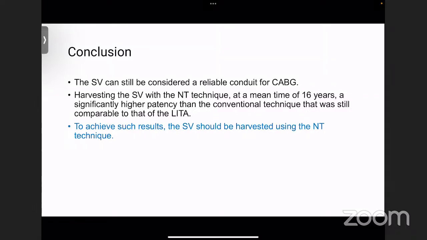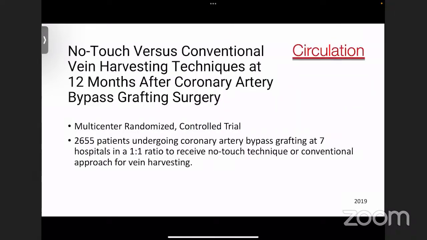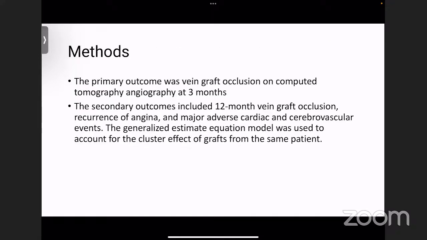So the conclusion was that it is a reliable conduit for CABG, and the no-touch technique showed to be a good harvesting tool. And this was repeated again in China in 2019, and we have more studies that are coming out, all RCTs, with a large number of patients showing good results.